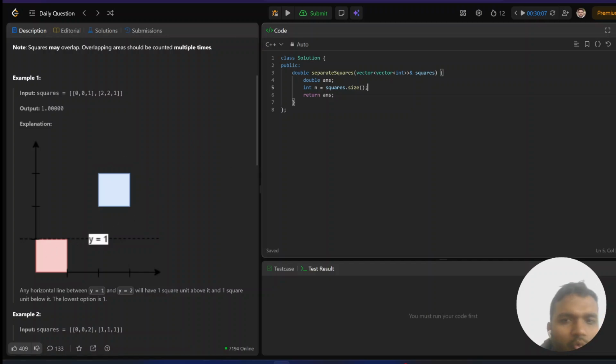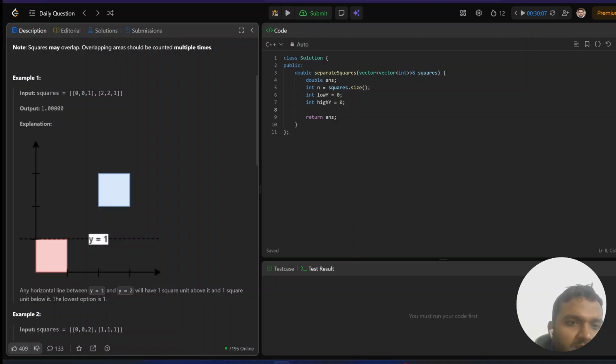Where will be the low y? Low y can be at 0, and I have to make a high y. What is the maximum value of y? It can be 0 plus length will be the maximum: 2 plus 1 is 3, I think so.